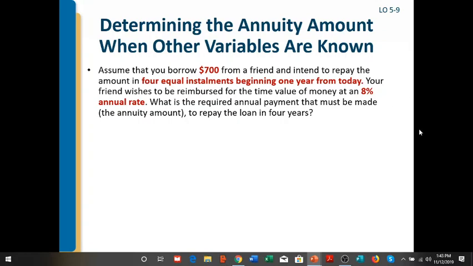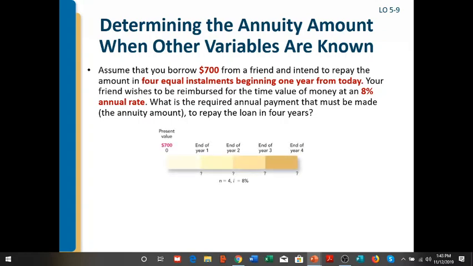Your friend wishes to be reimbursed for the time value of money at an 8% annual rate. What's the annual payment that must be made to repay? Payments are going to happen at the end of the period, so this is an ordinary annuity. You've got 4 periods, $700 is the principal amount, and 8% is your annual rate.